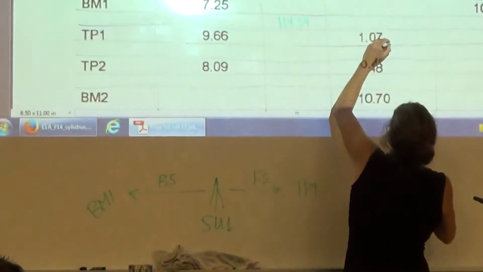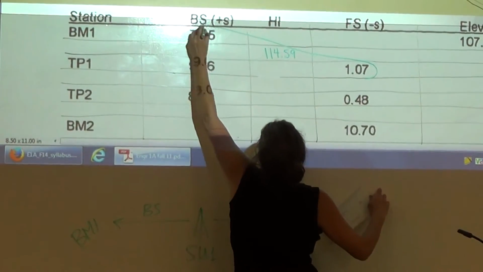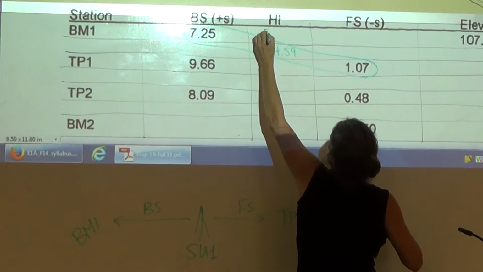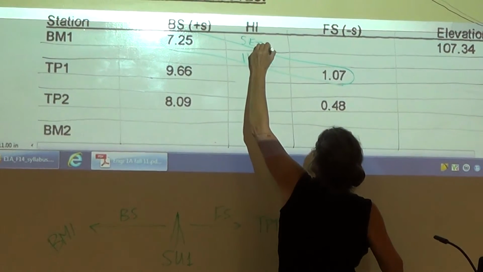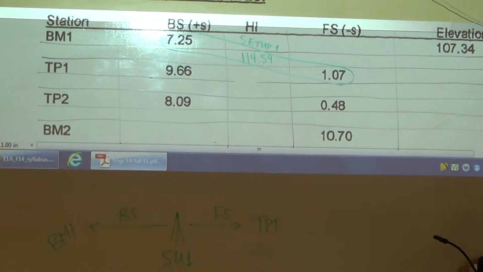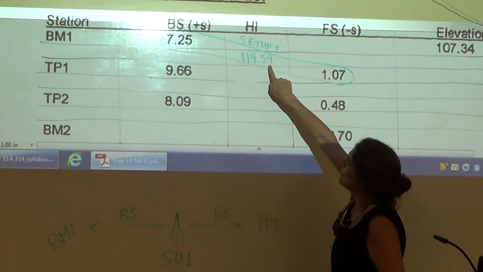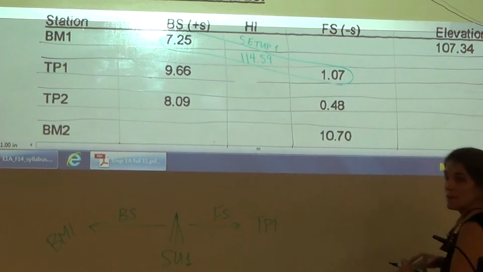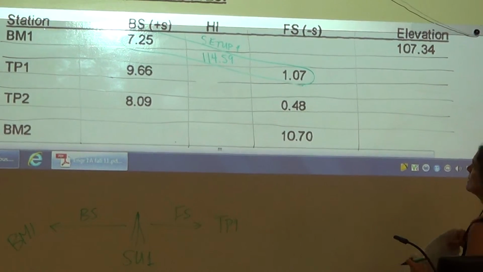So doesn't this represent the numbers we measure or calculate in setup 1? Is everybody comfortable with that? And then once I get the 114.59, what do I do with this? Subtract it. So what do I get?